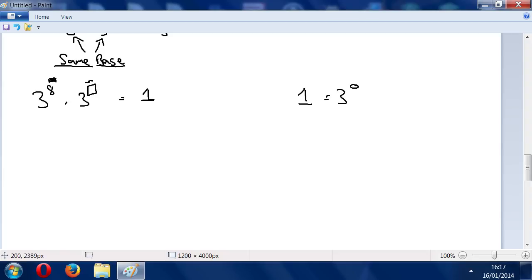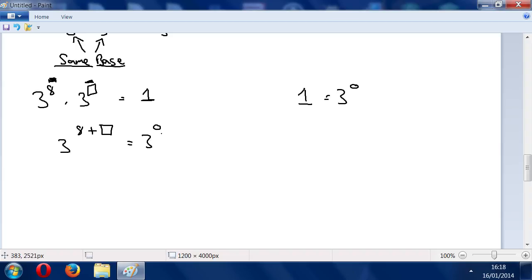If we add them up, then we're going to get what we want there. So it's sort of like 3 to the 8 plus this box is going to be 3 to the 0.